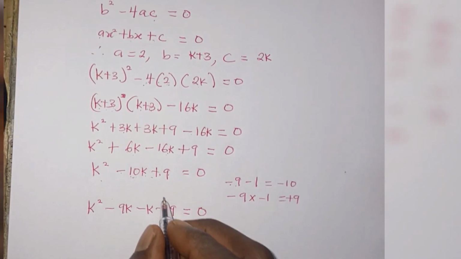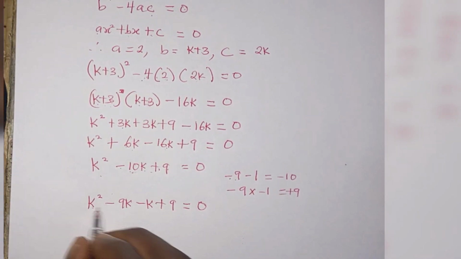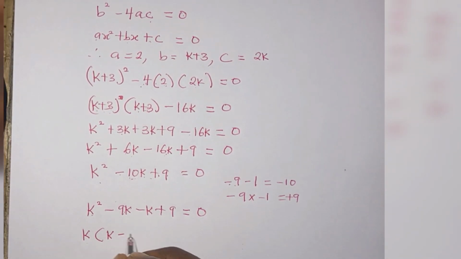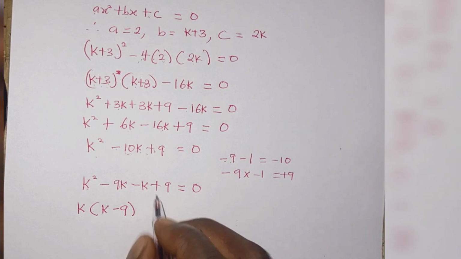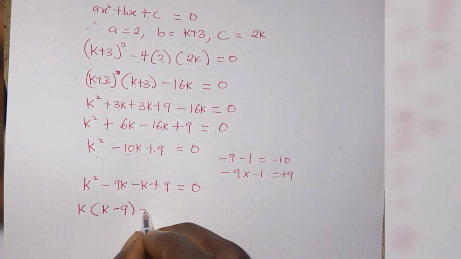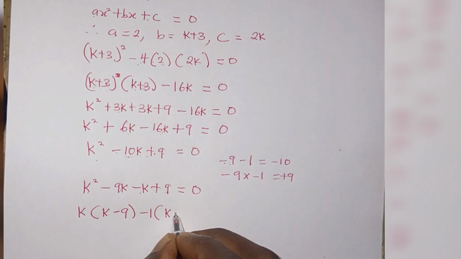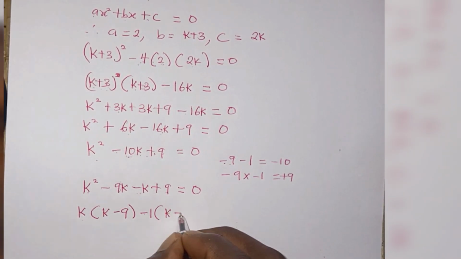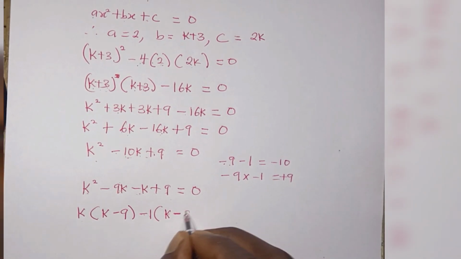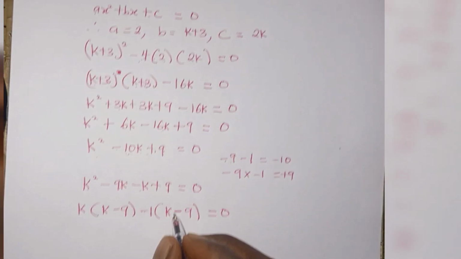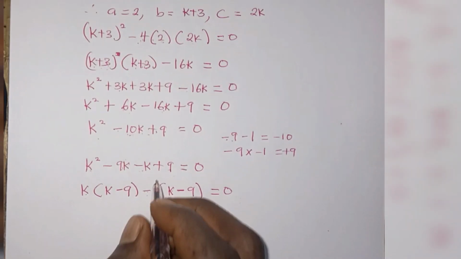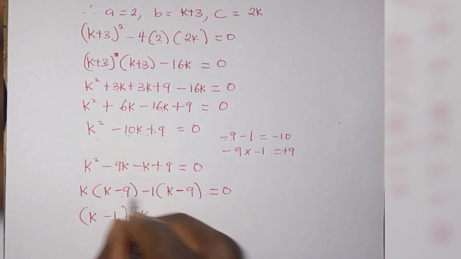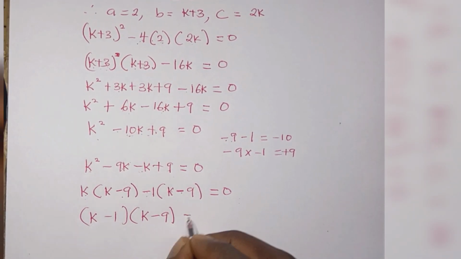From here, we factorize. What is common in the first two terms is k. We take it out, giving k(k - 9). For the last two terms, what is common is -1: -1(k - 9) gives -k + 9. Then we take k and -1 together, so it is (k - 1)(k - 9) = 0.